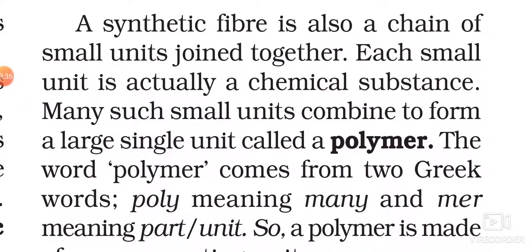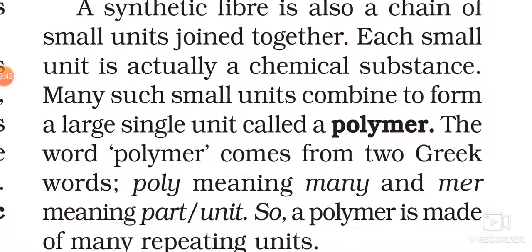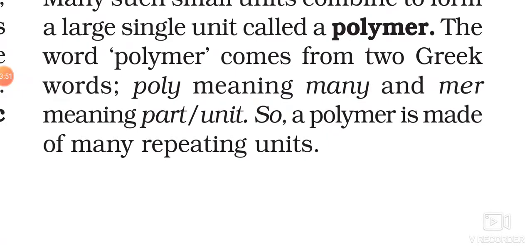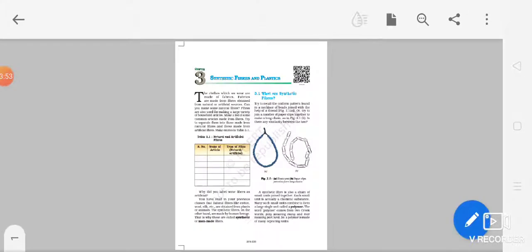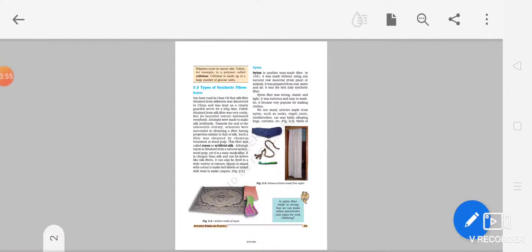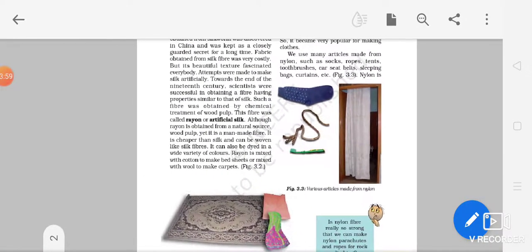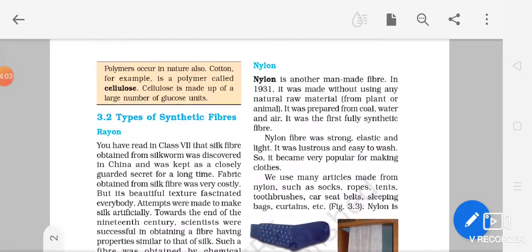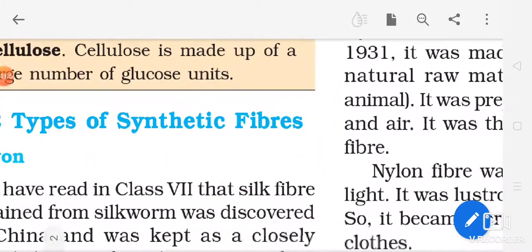Mono means single, poly means many, and mer means unit. So when many monomers are combined together in a repeated form, a polymer is formed, and these polymers are used to form synthetic fibers.